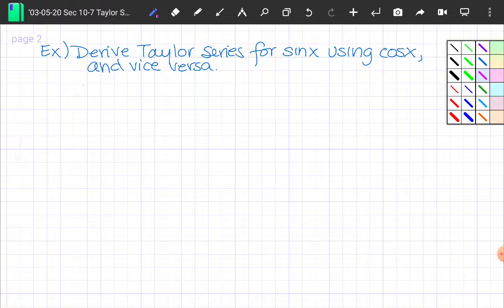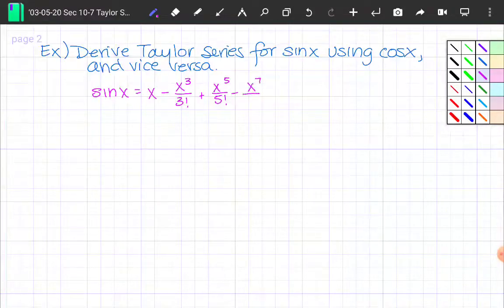But another thing that we can do, let's just start with the sine x formula. So we know that sine of x is equal to x minus x cubed over 3 factorial plus x to the 5th over 5 factorial minus x to the 7th over 7 factorial. I would keep this on until we get to the summation.